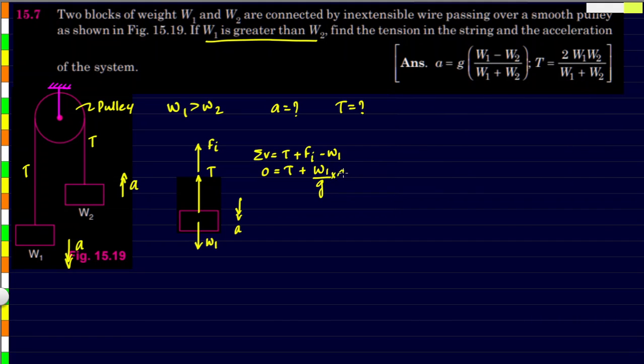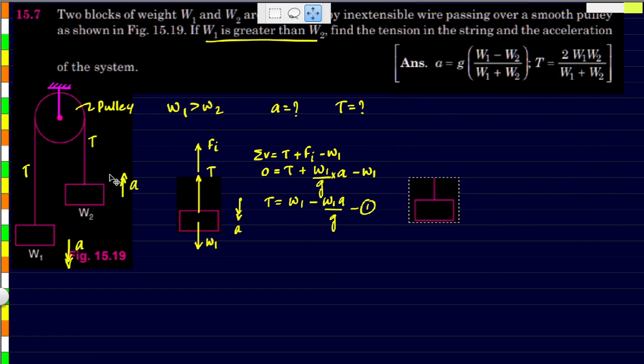So this needs to be multiplied with acceleration to get the inertia force, minus W1. So this is our equation 1. So let's just rearrange this equation such that we get the formula for T. So W1 goes on the other side, becomes positive. This one becomes negative, and this is the equation that we get.